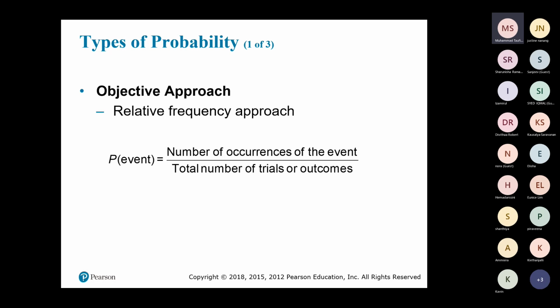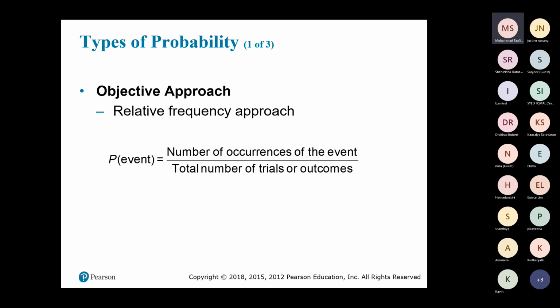For example, you run 10 experiments, and 2 of the experiments are successful. Then you calculate the probability of a successful experiment: the number of successful experiments divided by the total number of experiments.